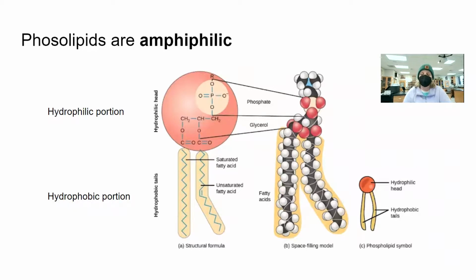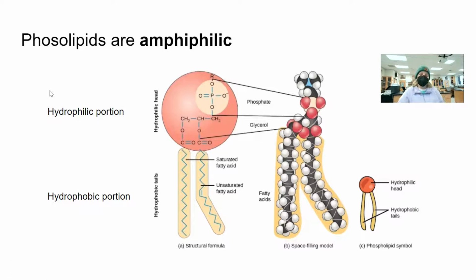So the way I like to think of these is that they're amphiphilic, so they have two lives. They have a hydrophilic head where that phosphate group is. Remember, the negative charge on this oxygen is going to make it want to interact with the positively charged portions of water molecules.